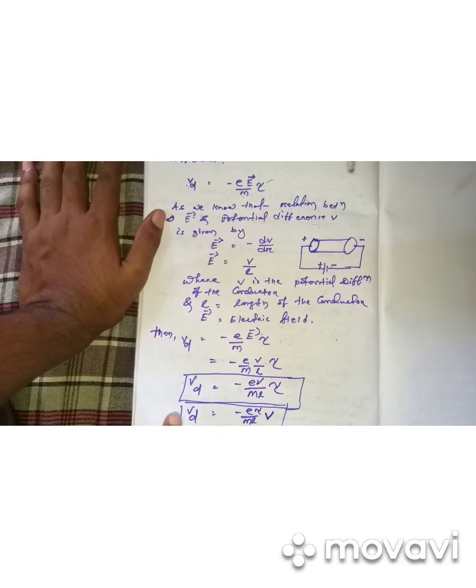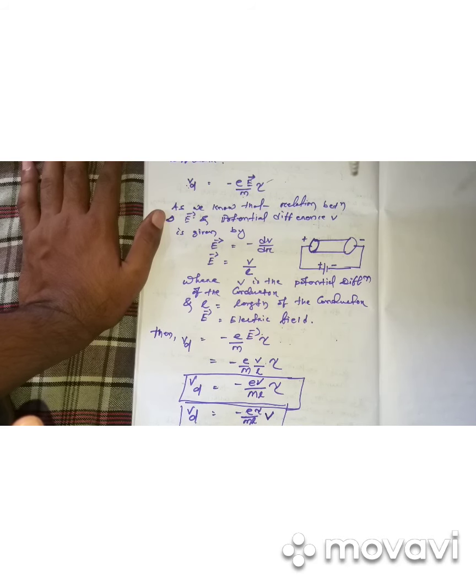Clear? Again I will repeat that. Drift velocity of an electron always depends upon potential difference. If you increase the potential difference, then the drift velocity of the electron increases. That means if you increase the electric field, then the drift velocity of the electron increases.